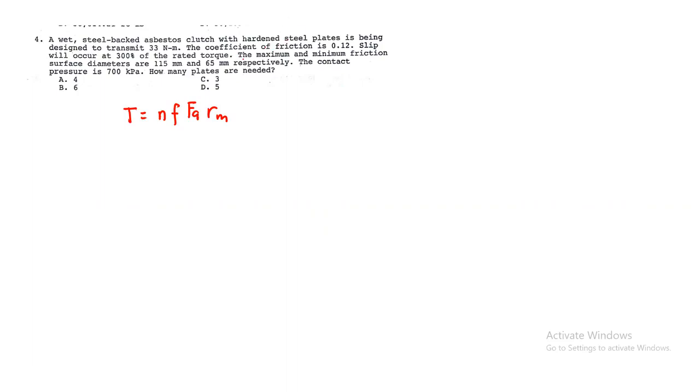So assume natin uniform pressure. So para makuha natin si FA is equals to pressure times area.